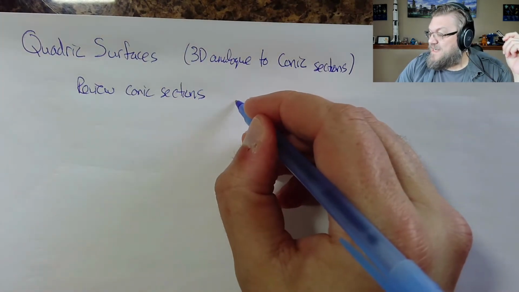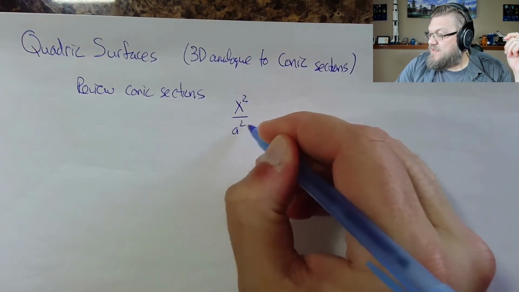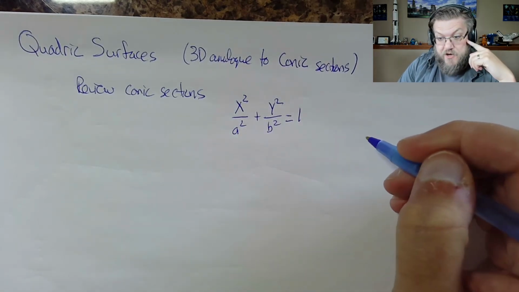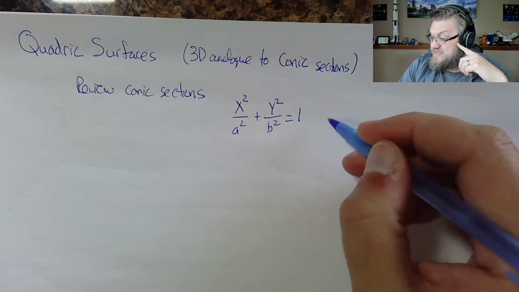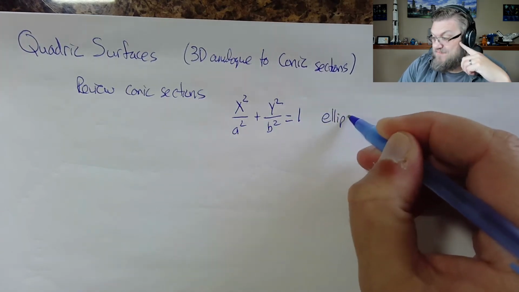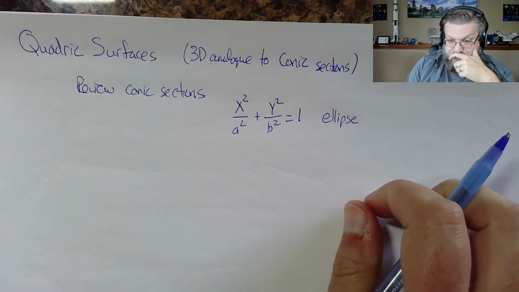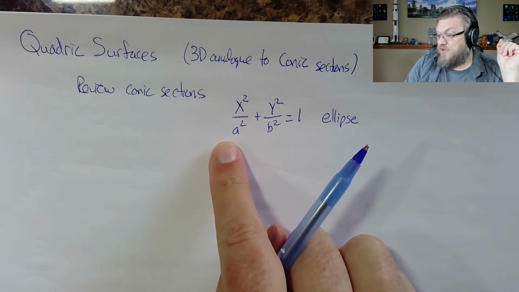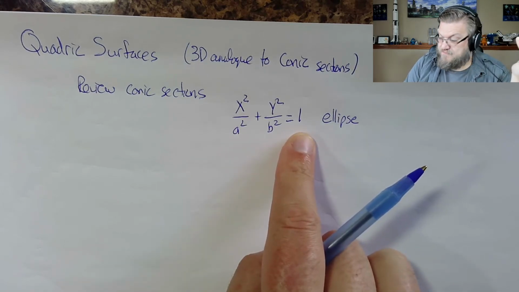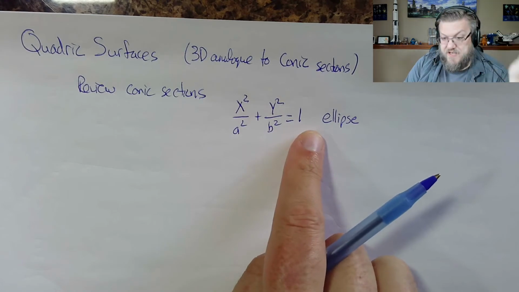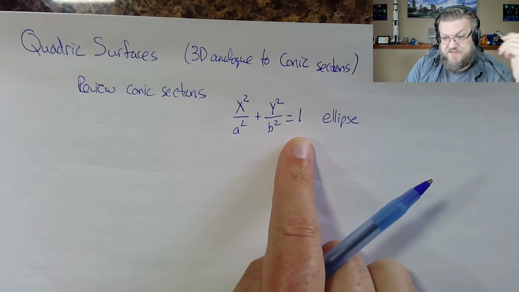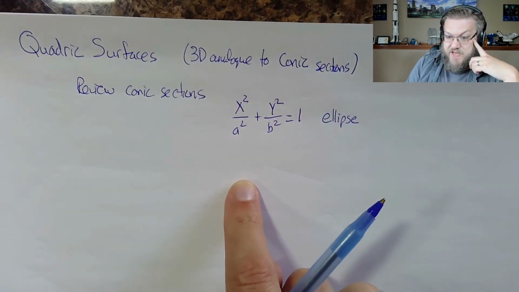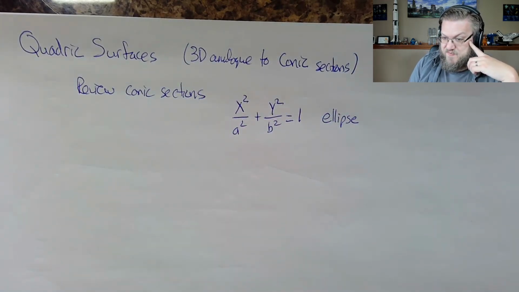So if I had something like x squared over a squared plus y squared over b squared equals 1, I hope that you recognize that that equation produces an ellipse, right? If a and b are the same value, you can then multiply it by that same value and you get a circle. You'd get x squared plus y squared equals whatever that value squared downstairs is, yeah? But this in general tells me that we have an ellipse in two-dimensional space, right?